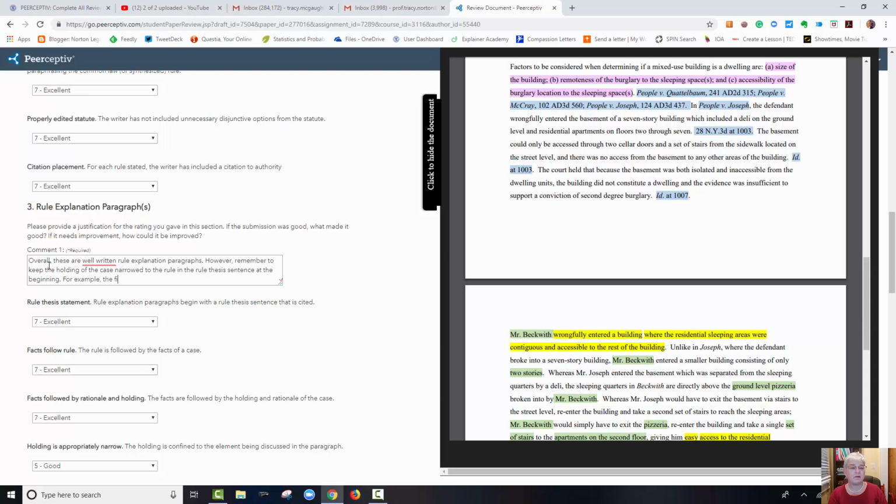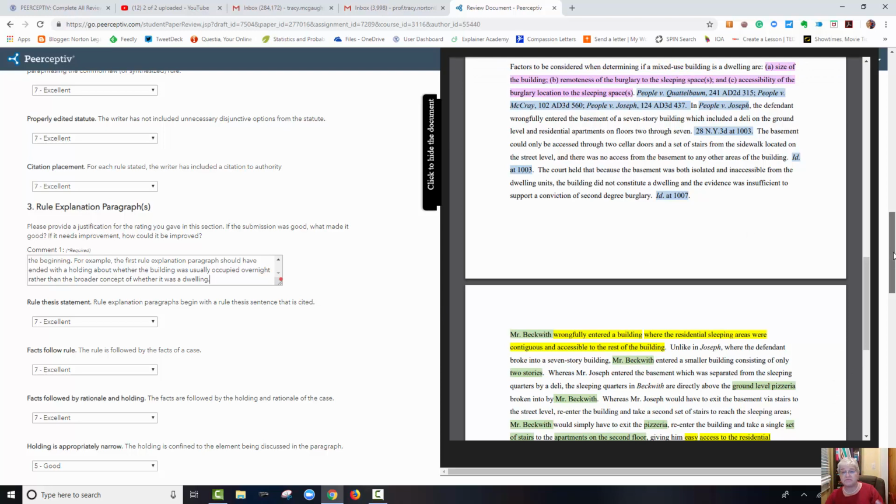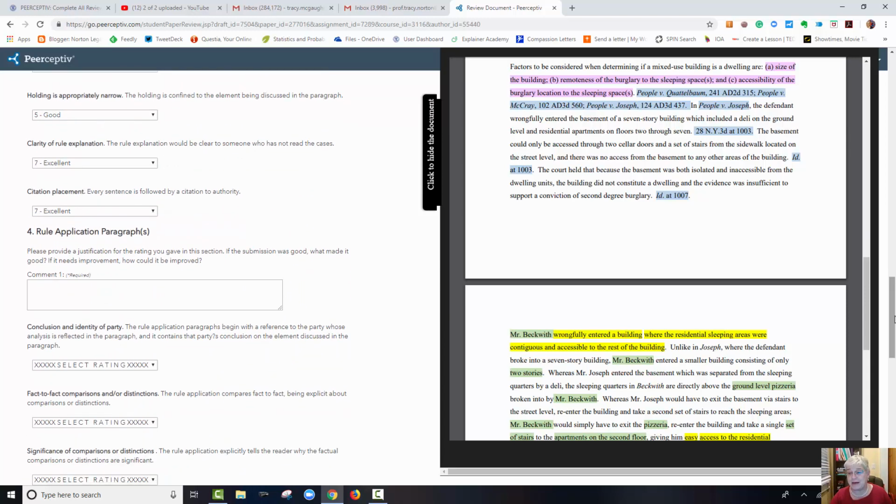For example, the first rule explanation paragraph should have ended with a holding about whether the building was usually occupied overnight, rather than the broader concept of whether it was a dwelling. So that's good specific feedback. It tells the reader not just what's wrong with it, but how to fix it. So this is what you would have to do to fix this issue. So that's good, clear feedback that's going to get you nice back evaluations.